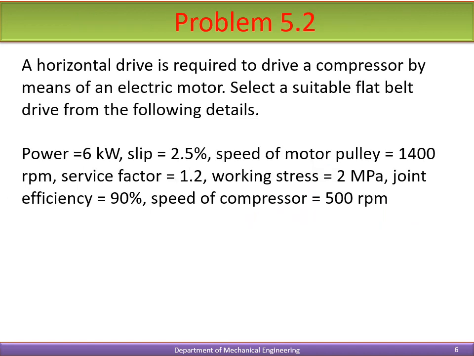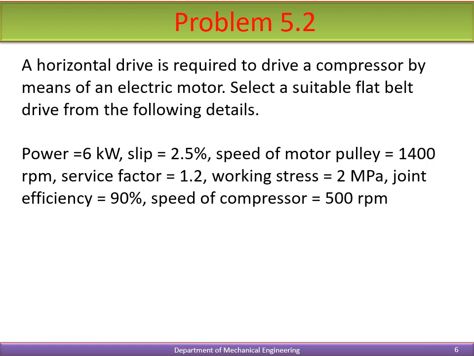Next problem, problem 5.2. This is a homework for you, and we will discuss the problem here. A horizontal drive is required to drive a compressor by means of an electric motor. Select a suitable flat belt drive from the following details. Power is given, slip value is given, 2.5%, equal to 0.025.